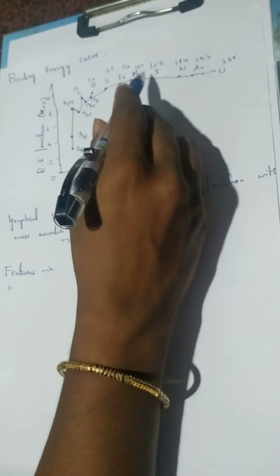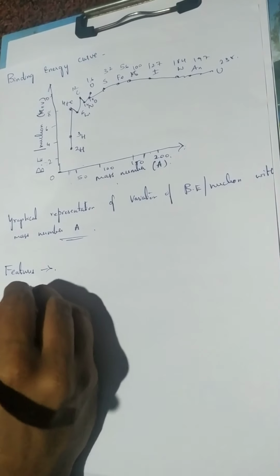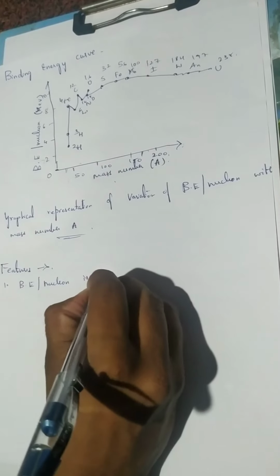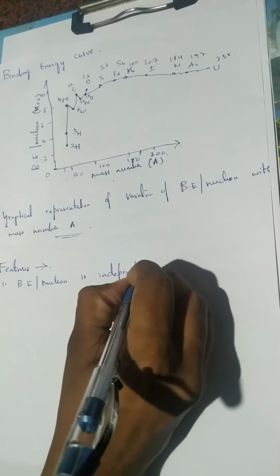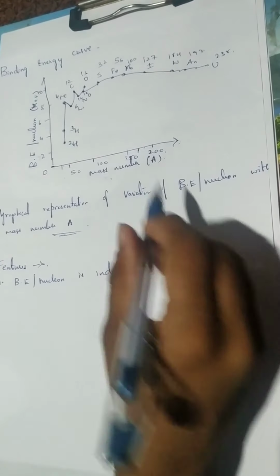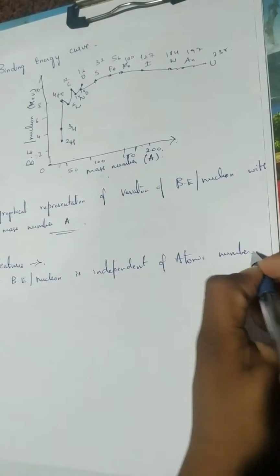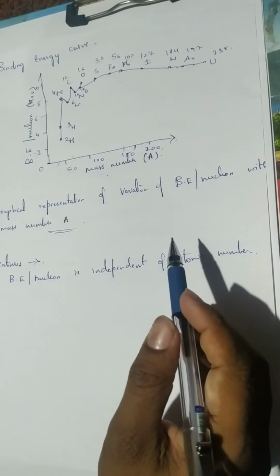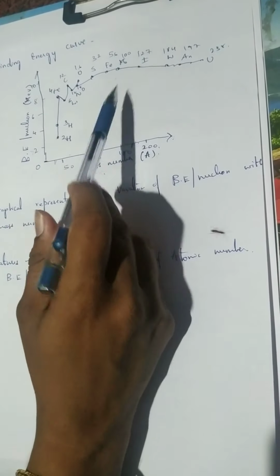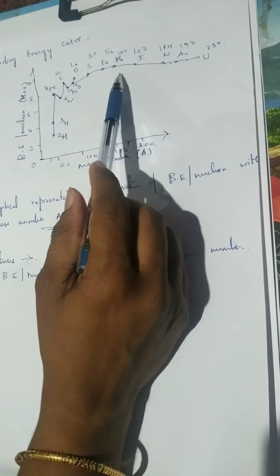Therefore, binding energy per nucleon is independent of atomic number. This is mass number, you should take care of it. Don't get confused. Which implies that it is constant for nuclei of the middle range from 30 to 170. Okay, you go through the textbook so that you can understand this part.